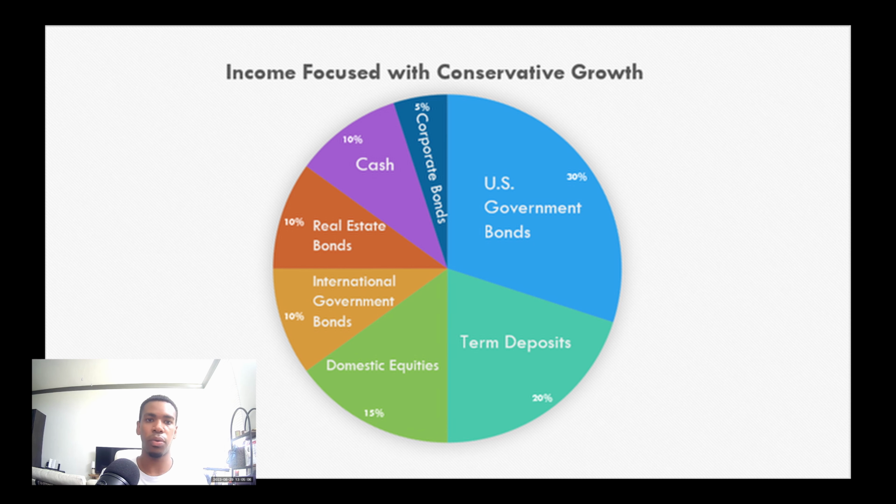Although this increases the potential for capital losses, the allocation size in equities for this type of portfolio is balanced with the defensive asset class element. So any negative volatile fluctuations in the market will have minimal effect on the value of the portfolio.